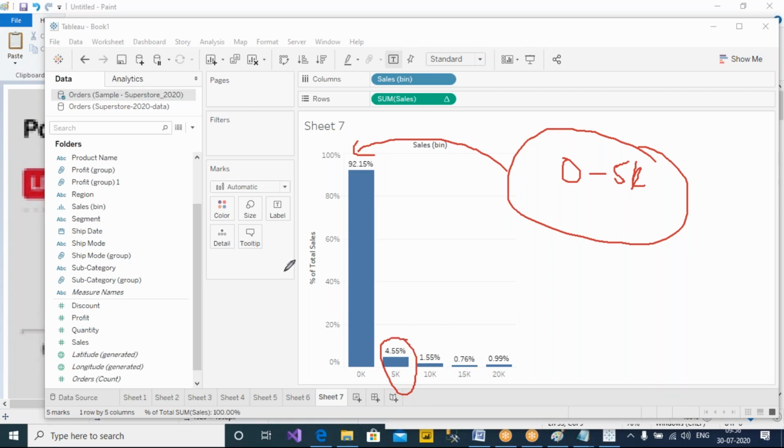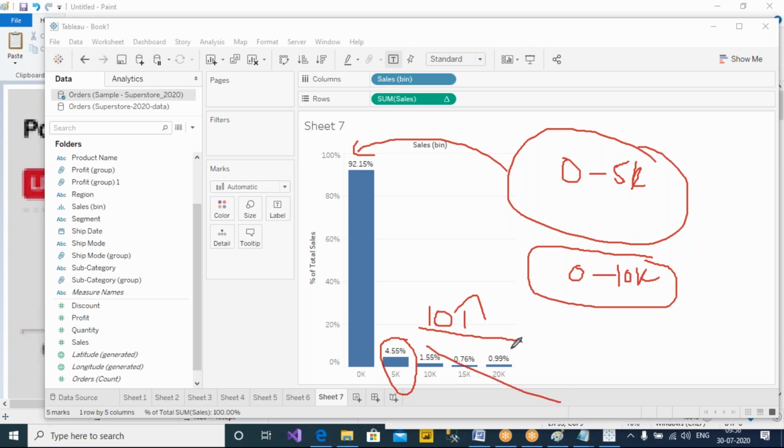So it might be worth it, so I can take products from 0 to 10K in my superstore. I would not really keep the products which are above 10K, because people are not buying that in my superstore. So I can get rid of this from the next time. So that's how I can improve my business here. So that's the usage of a bin.